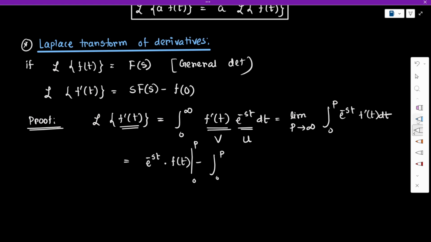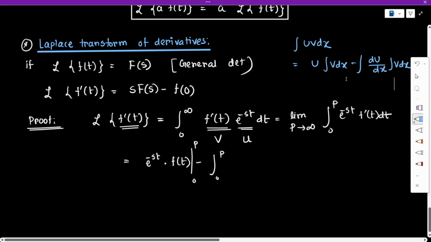For those who don't remember integration by parts, just a soft reminder. If u and v are both functions of x, then the integral of u v dx is u times the integral of v dx, minus the integral of du/dx times the integral of v dx, dx.